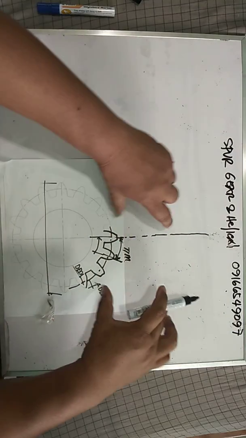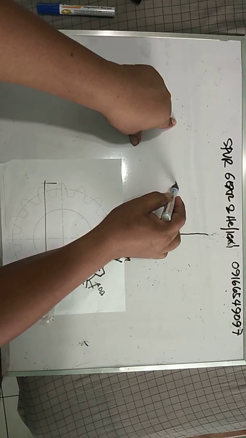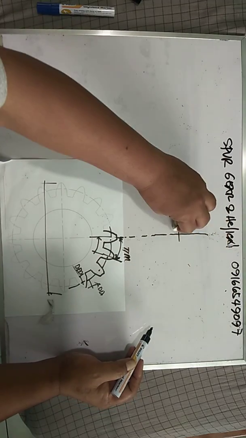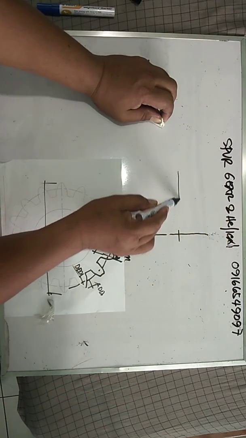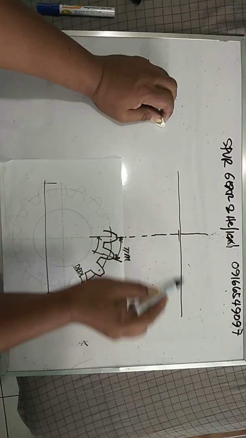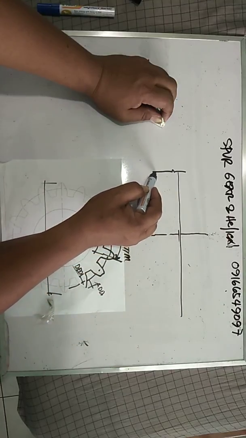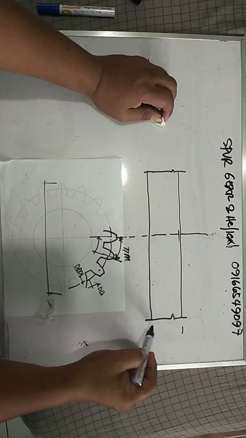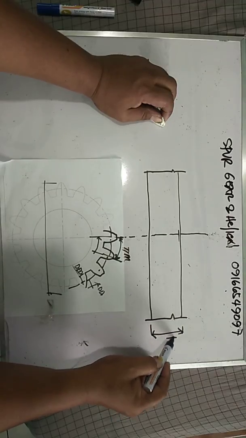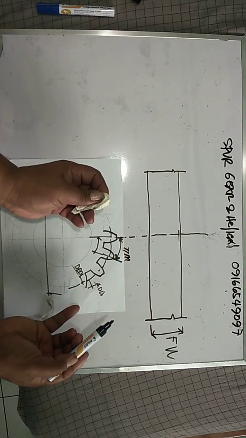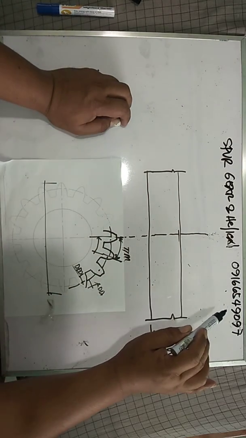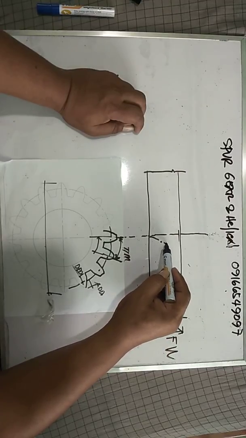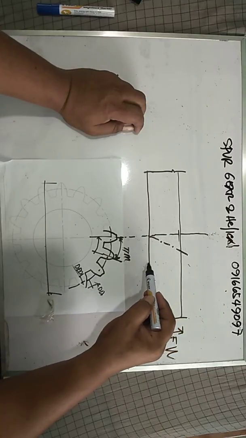Again, we have to look at it in top view. This is the top view, and we cut it. This is the face width of the helical gear. We look at the top view. This is the line of tooth, each tooth is one.